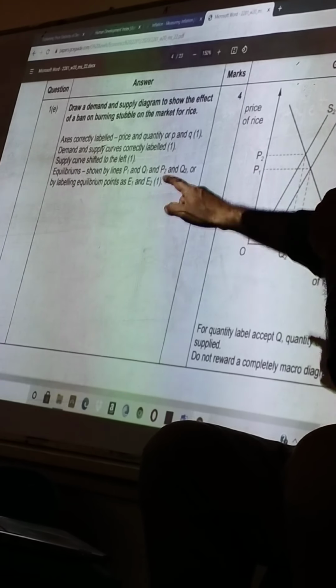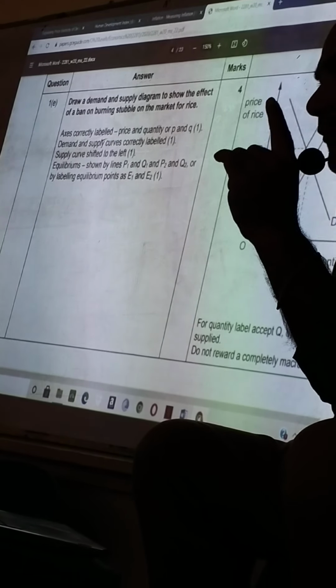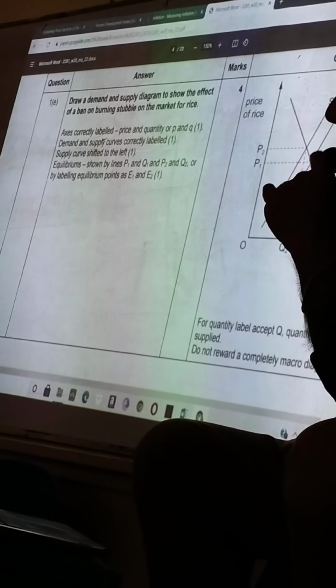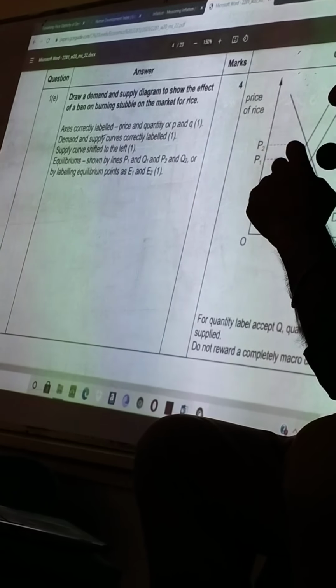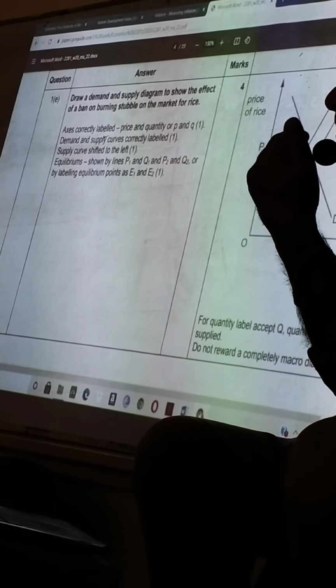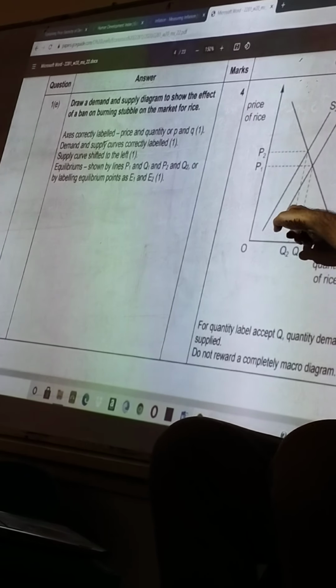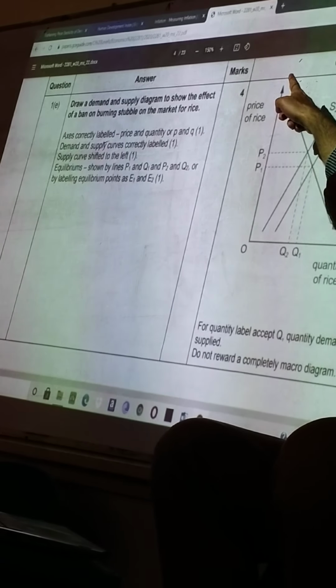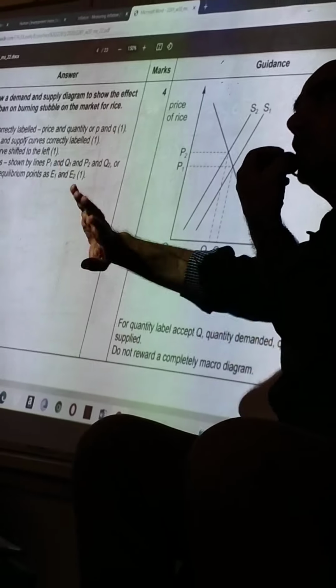Now, I want you to write down the description. Why? Because sometimes you are labeling the demand and supply diagrams, making wrong directions for it. Supply is made in this direction and the demand is made in this direction. So you are wrong.